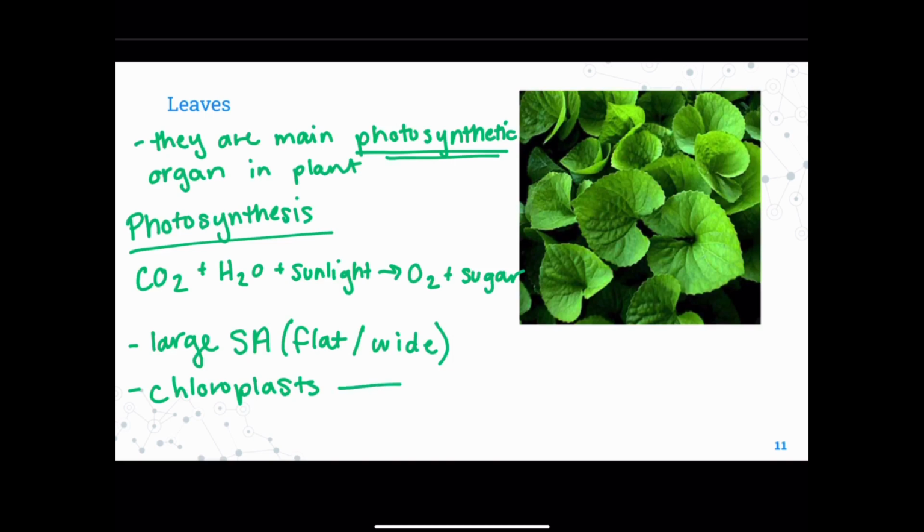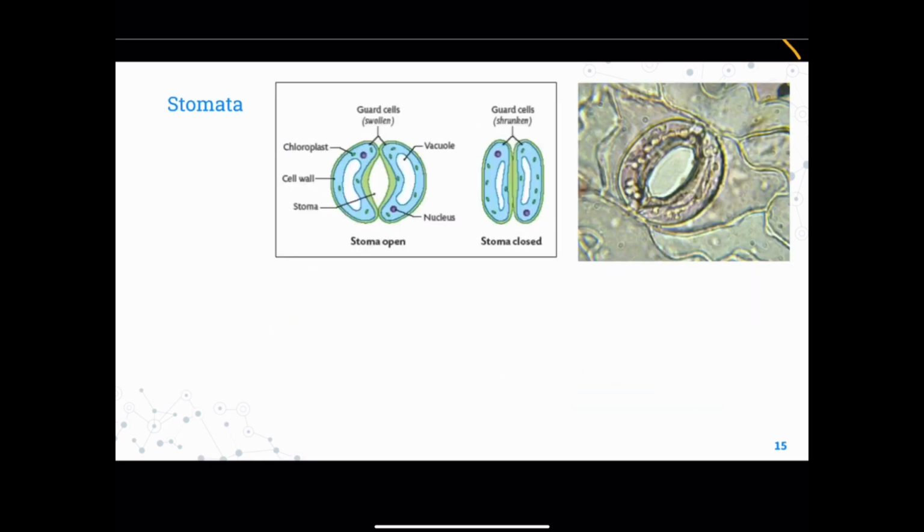And on the bottoms of leaves, they also have something called stomata, which we're going to talk about now. So stomata are small holes on the bottom or underside of leaves.